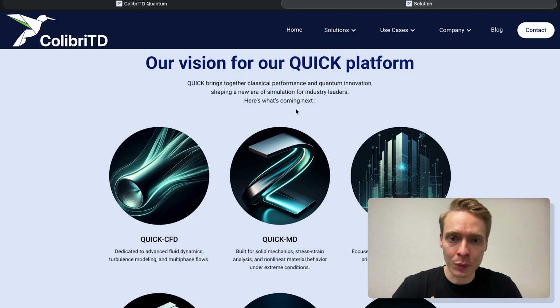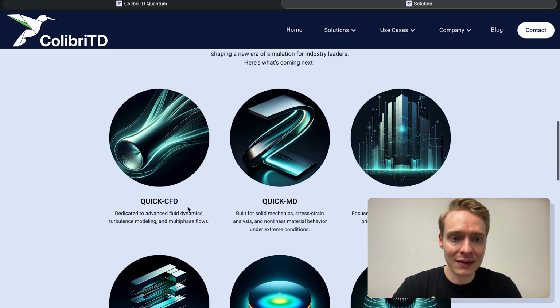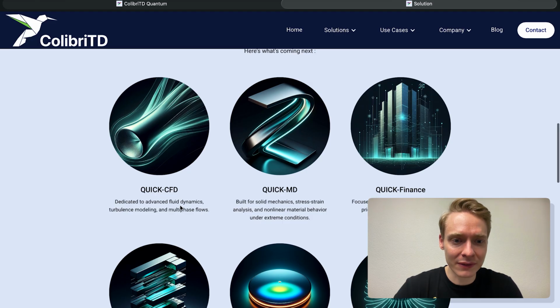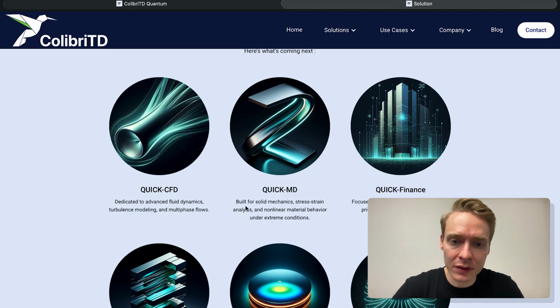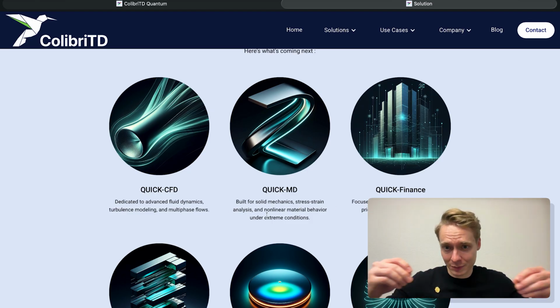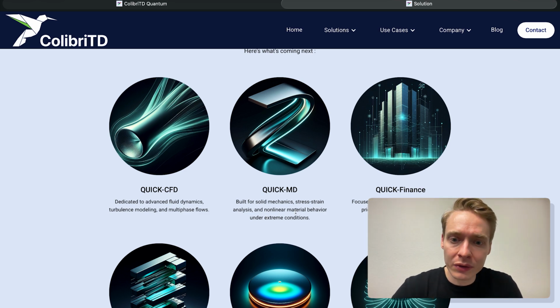Here's what's coming next. So Quick CFD, dedicated to advanced fluid dynamics, turbulence modeling, and multi-phase flows. Then Quick MD, built for solid mechanics, stress strain analysis, that's what I just meant, right? Like pulling stuff apart, and nonlinear material behavior under extreme conditions.